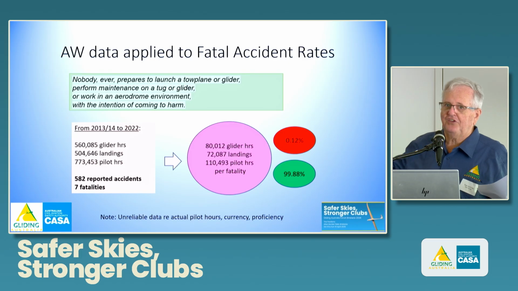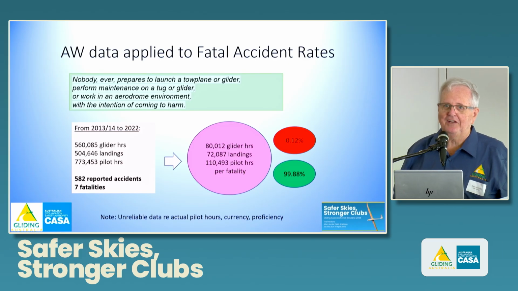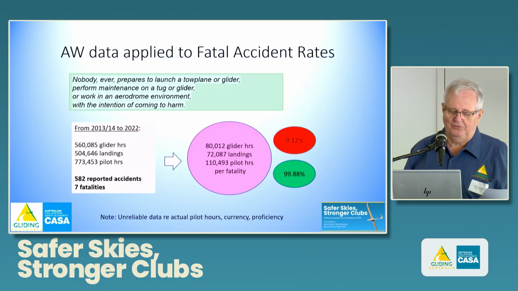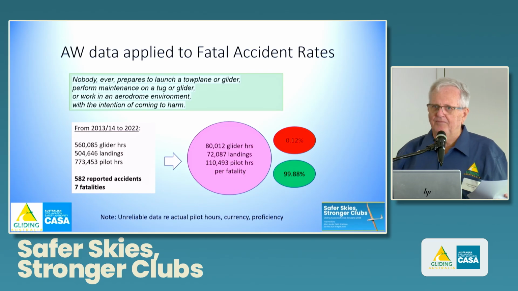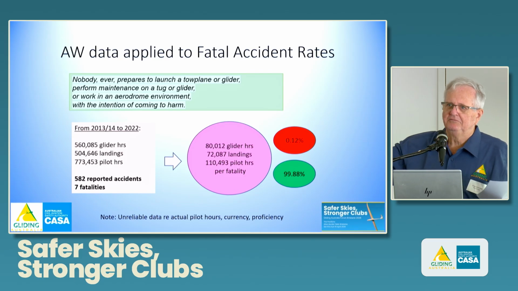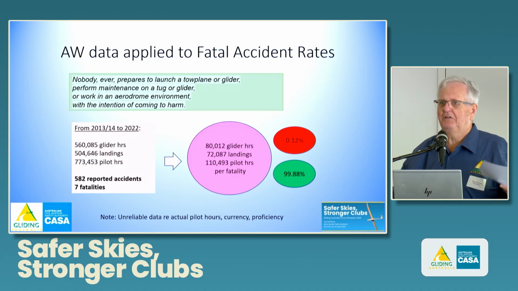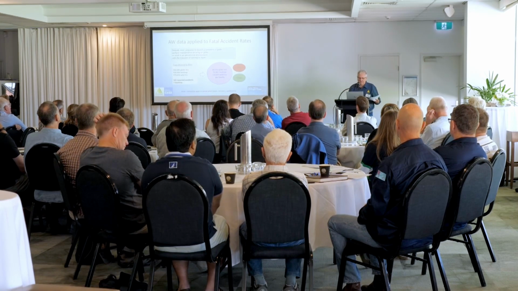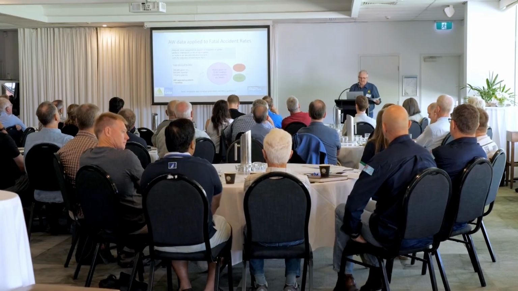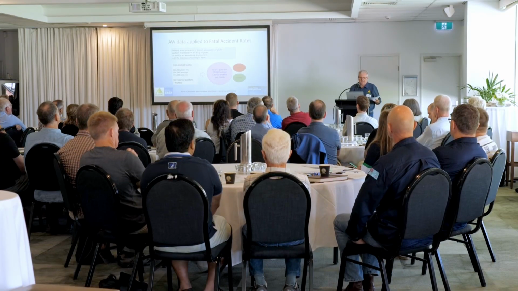So we've got a success rate of 99.88% and a fatal accident rate that is much lower, 0.12%. So most of the time we're doing things right. Now, this is not counting flights resulting in injury or serious injury. That's still there, but this is the raw data at the worst case level.